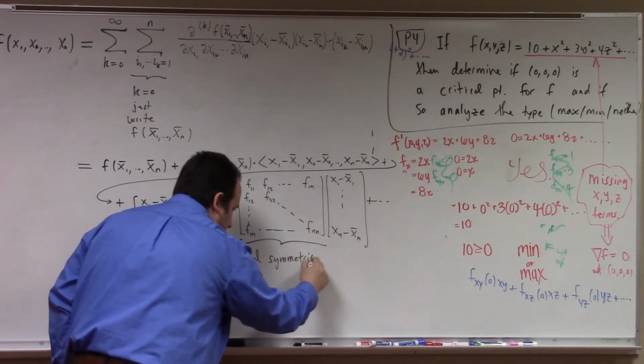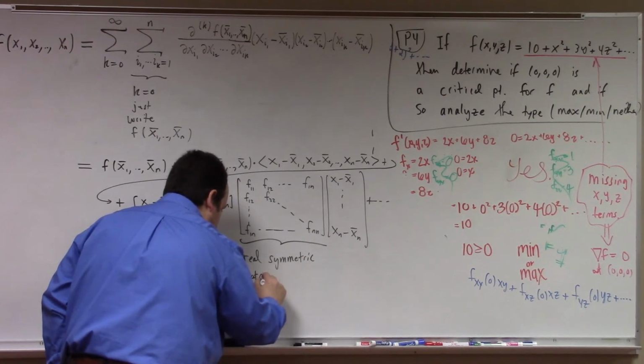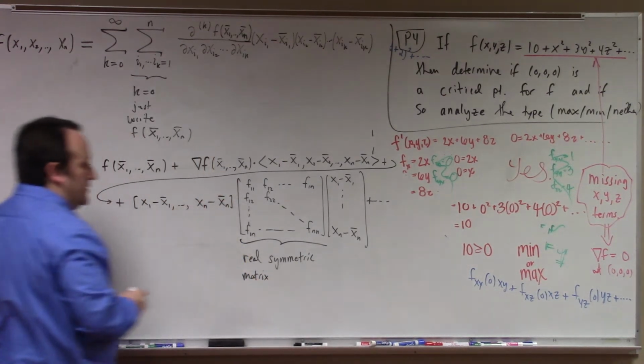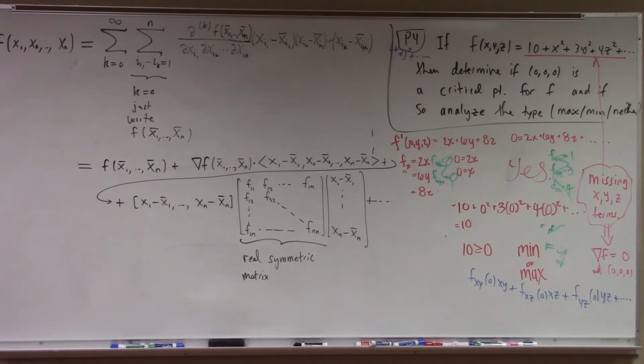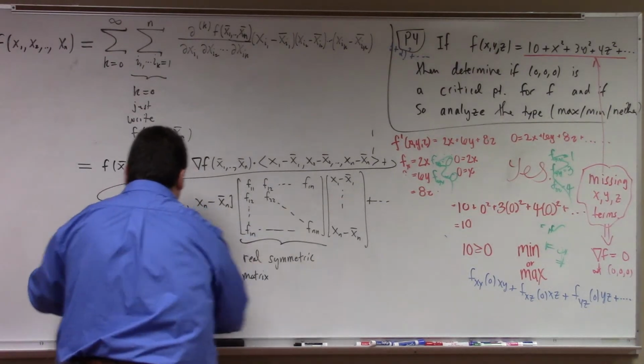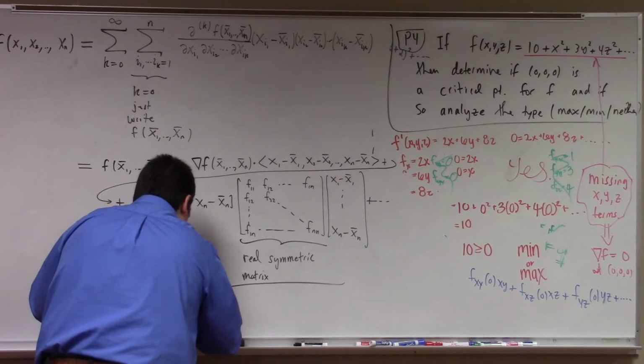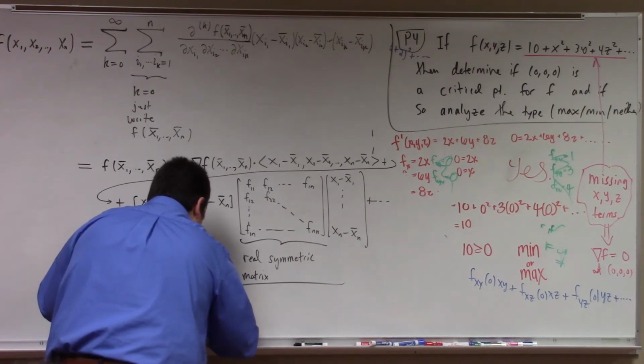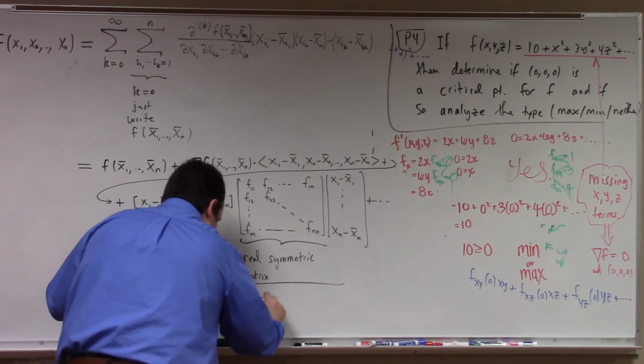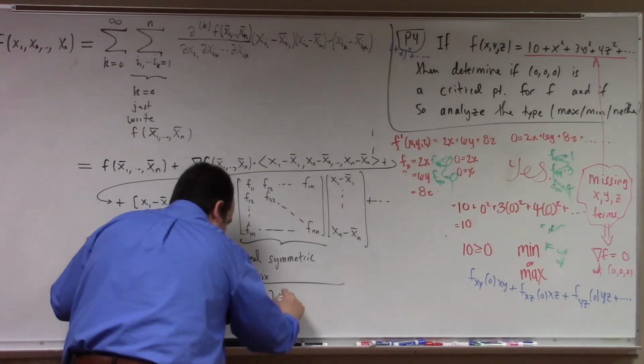And one of the beautiful things we learn about in linear algebra is that if you have a real symmetric matrix, you can choose a system of coordinates in which all of the off-diagonal terms go away. And in that special system of coordinates, this piece just drops down to lambda 1 y1 squared plus lambda 2 y2 squared plus lambda n yn squared.